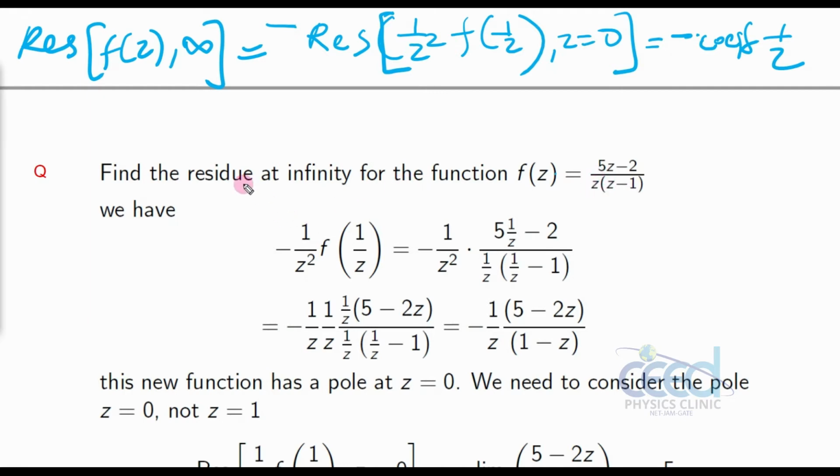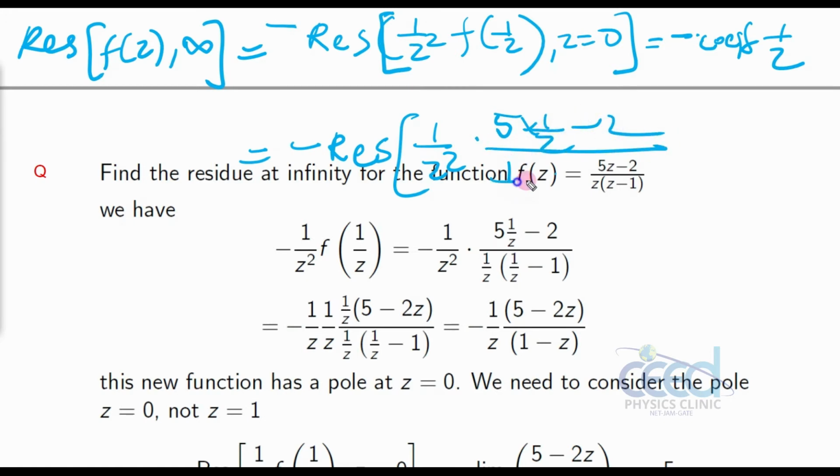So I can directly substitute in this formula: that is equal to minus residue of 1 by z square into f of 1 by z. This is our f of z. So z I can replace with 1 by z, that is (5 into 1 by z minus 2) divided by 1 by z into (1 by z minus 1), right? This z and z square will cancel.